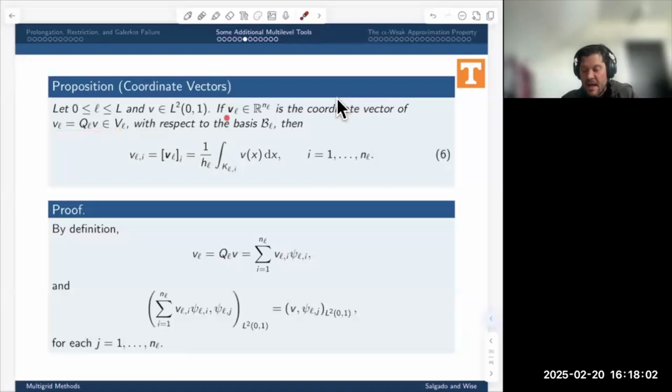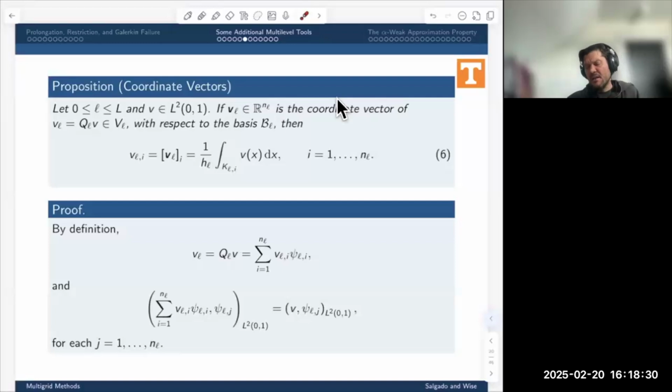And if it does, then it has a coordinate vector. So if I tell you what the coordinate vector is, then I'm telling you everything about this function. So suppose we set VL equal to QLV. If we suppose that thing is in VL, then I can completely characterize that function in VL by telling you what its coordinate vector is.